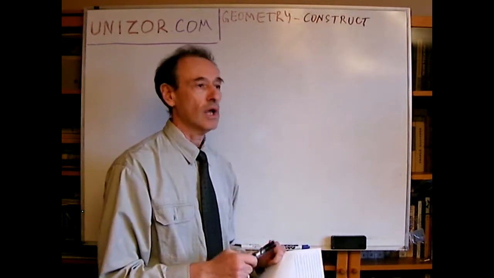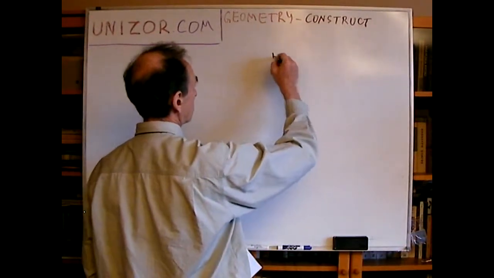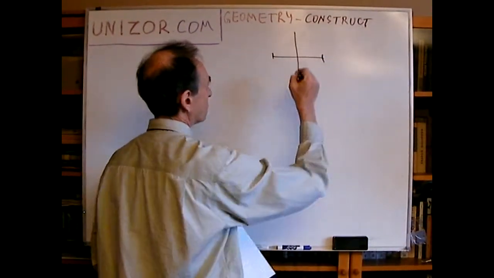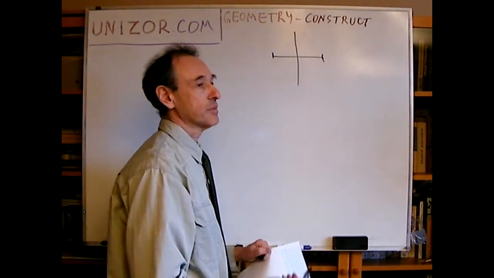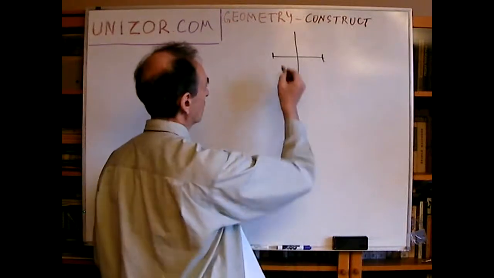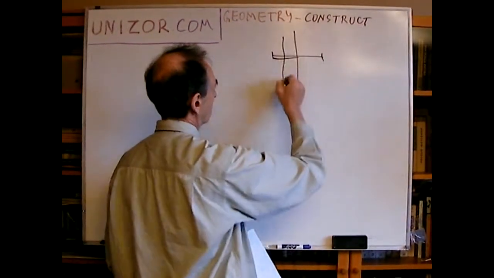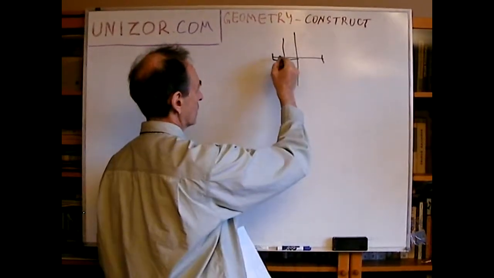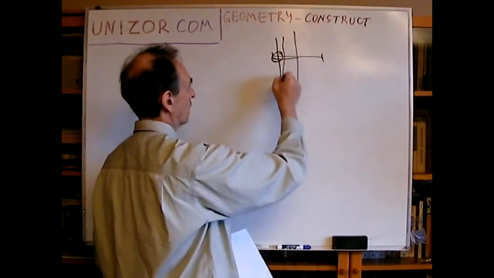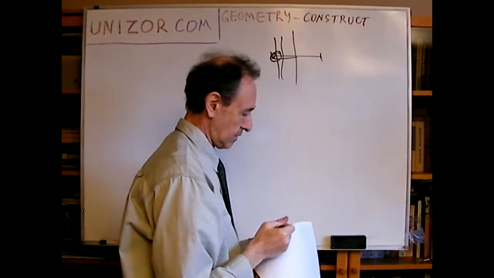Since you know how to divide a segment by 2, you just draw a perpendicular bisector. That means that you can continue this process of dividing by 2. So if you divide this particular part, which is half, again into 2, you will get a quarter. Then you will get 1/8, 1/16, etc.